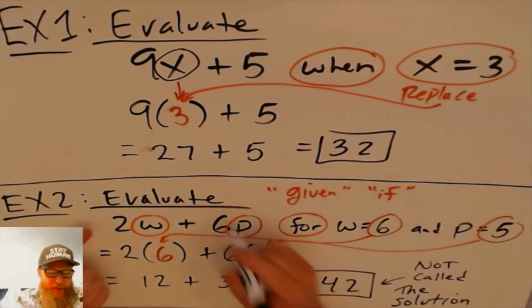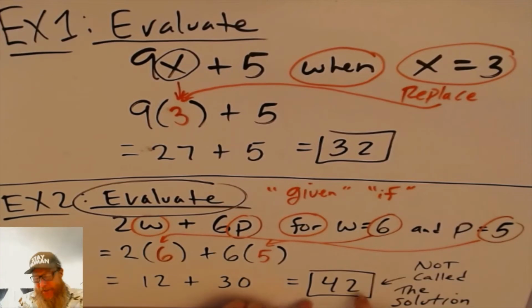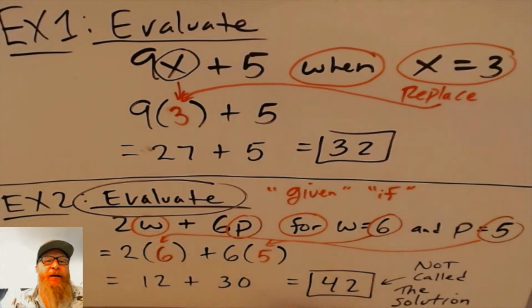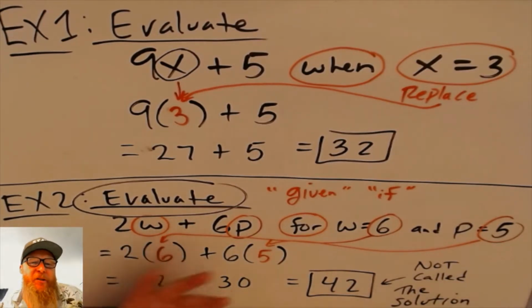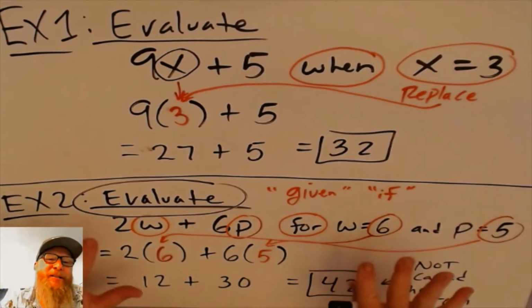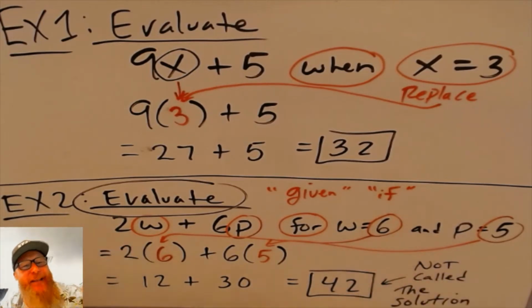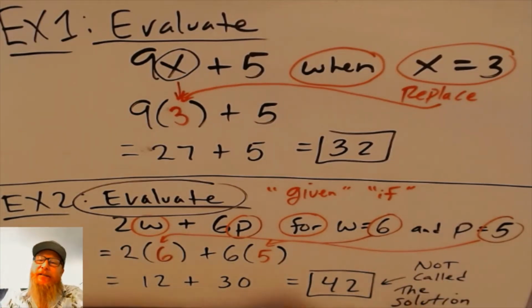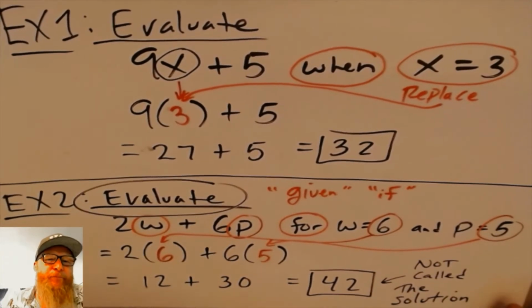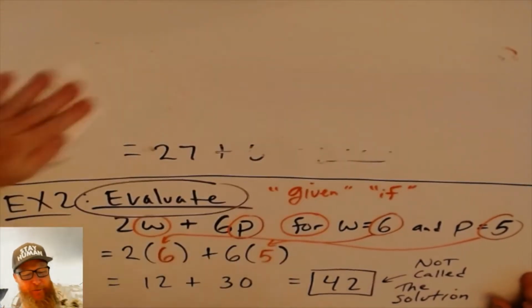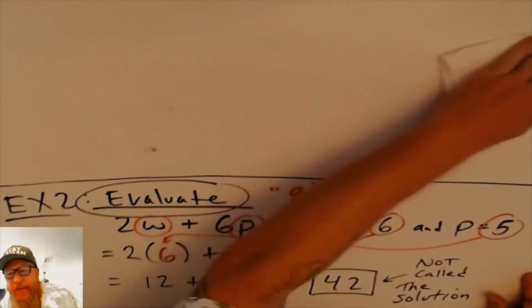All right, you just evaluated it. So this is called the evaluation, or you can say the final value. You can call it the result. I mean, if you really want to sound elementary, you can say the answer. But it's not the solution because we have not solved anything yet. Solving will come much later in this chapter.